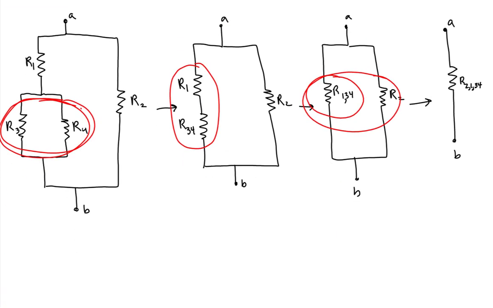So let's do the parallel combination of resistors R3 and R4. Because R3 and R4 are in parallel, we're going to take the sum of the reciprocals of their individual resistances, and then take the inverse of that.